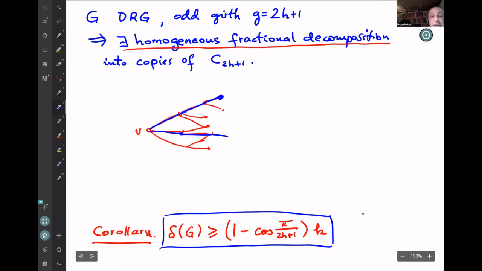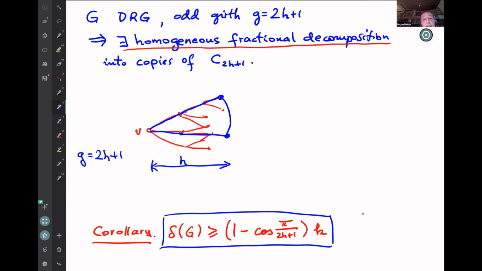So we come here, and then we have an edge on the same level. So this is distance h. So all cycles of this length look like that, and from every vertex, you get basically the same number of such cycles.